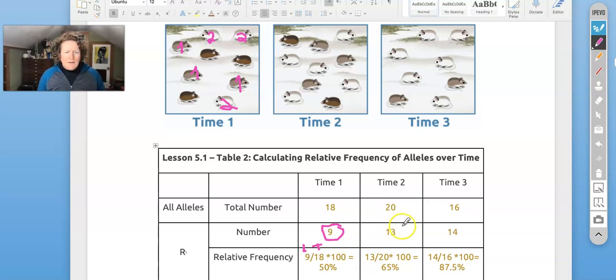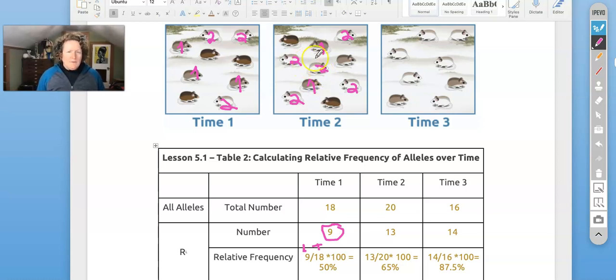Let's do the same for time 2. Let's figure out how many light alleles are in time 2. We've got 2 in every light mouse. So since we have 5 light mice, that's going to be 10 light alleles. And then we have 2 medium mice, and we know each medium mouse has 1 dark and 1 light. So that's 1 light allele for each medium mouse.